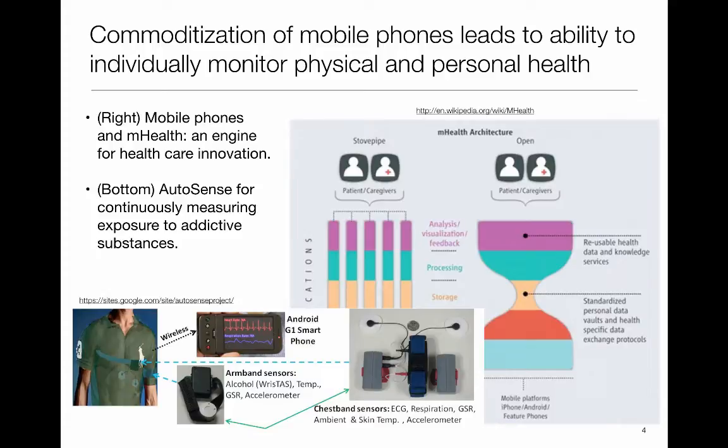You wear it on your body, and it gives you continuous measurements of health-related signals like ECG and respiration, and they use that information to infer your conditions such as stress, smoking, and conversation. And on the right is their architecture for doing mobile health, so-called mHealth. Basically, as patients, you can use those sensors to collect data about yourself and report to your physicians, and then they can use this information to better help you manage your health conditions.